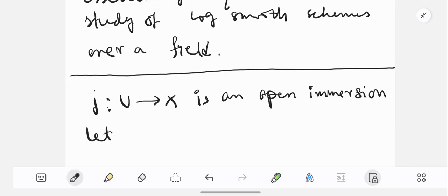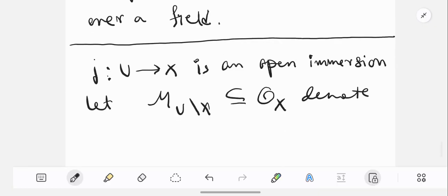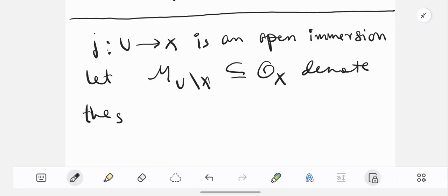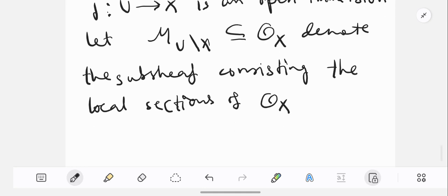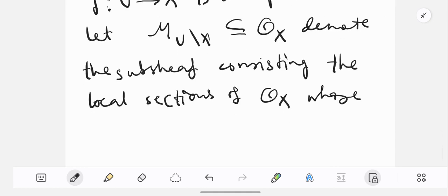And let M_{U/X} in the structure sheaf denote the subsheaf which consists of the local sections of O_X whose restriction to U is invertible.